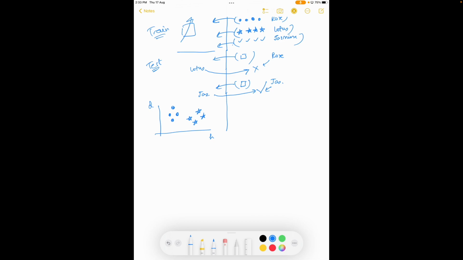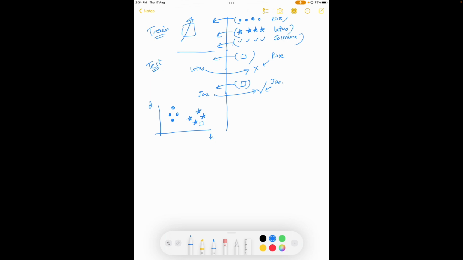So, there are many common ways. One common way is, let's say, okay, now that the unknown thing comes in, the unknown thing lies somewhere here. What will you mark it as, a rose or a lotus? Lotus. Why? How will you make a machine tell? The machine knows all this information. The machine does not know the label for this. The machine has to tell you the label for this.